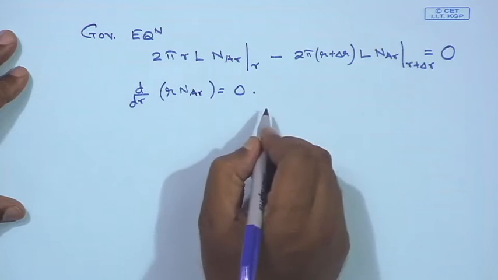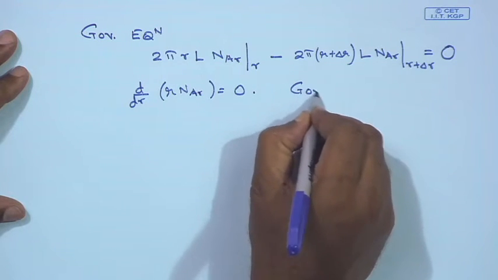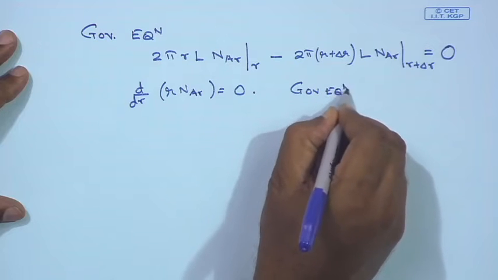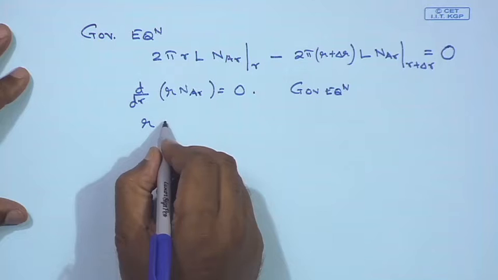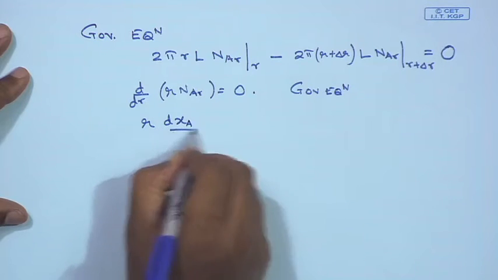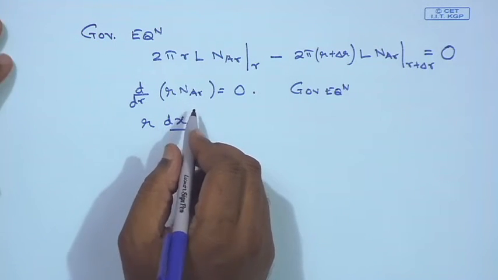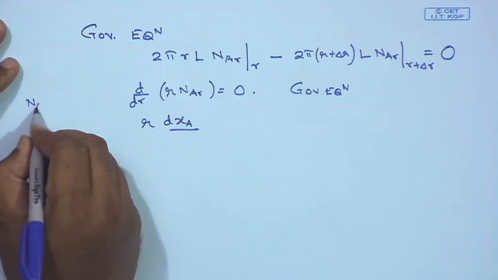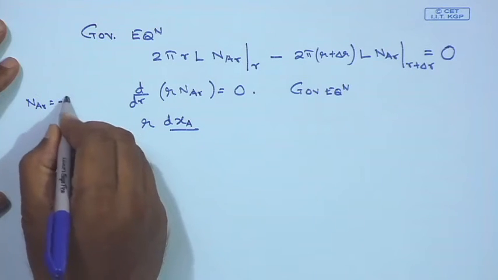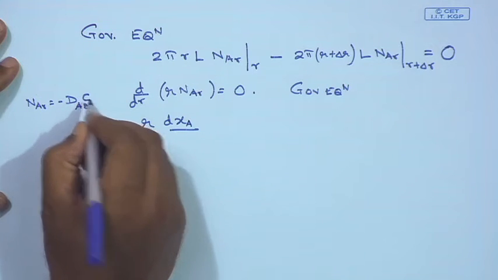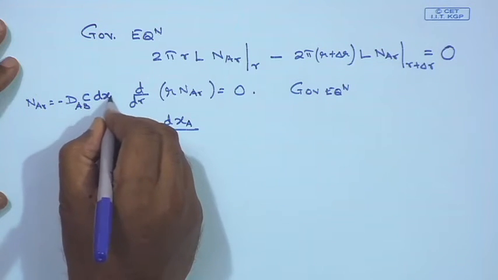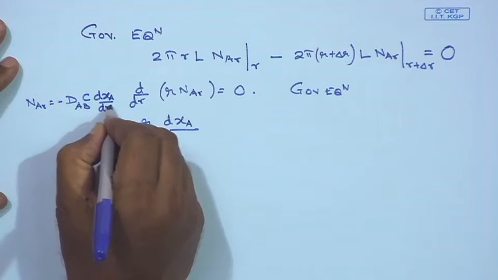So, this is your governing equation, which can then be integrated. Since it is a diffusion only process, you can simply write N_Ar to be equal to minus D_AB times c, which is the total concentration, times dx_A/dr.